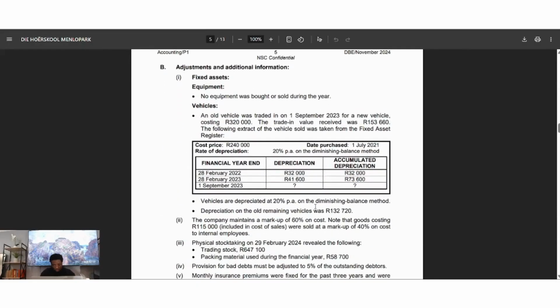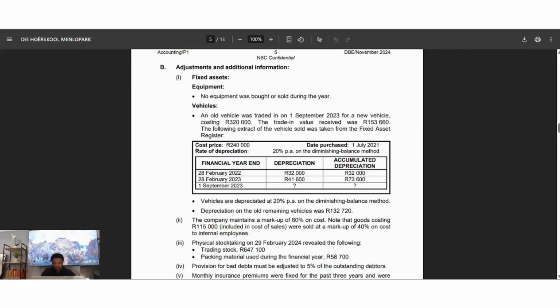Okay, so what does it say here? Well, it says that an old vehicle was traded in for a new vehicle. So one vehicle was disposed and then the other vehicle was purchased, because a trade-in comes with that deal. The new vehicle that it was traded for cost 320,000. The trade-in value received was 153,660, and then it says the following extract of the vehicle that was sold was taken from the fixed asset register.